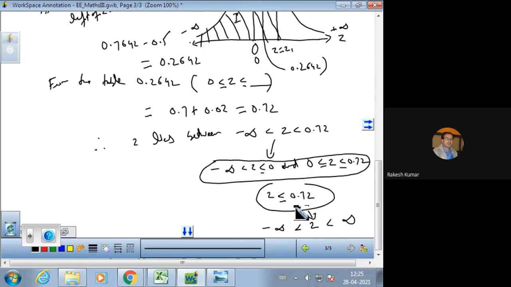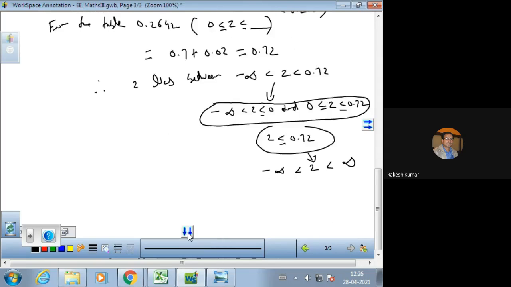So this is understood. सो ये वो तरीका है जिससे हम लोग पॉइंट फाइंड कर सकते हैं whenever area is given to us.